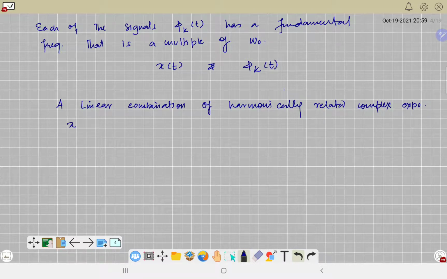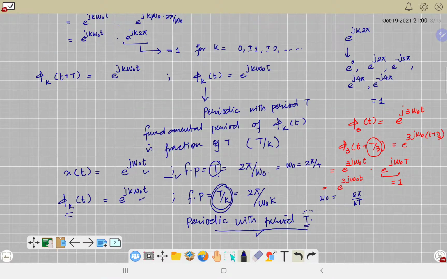Means I will come up with a signal x of t, which is actually a summation, a linear combination of these kind of signals. Fine. Now the individual signals in this will be signals like e raised to the power j omega naught t, then e raised to the power twice j omega naught t. We have just concluded that they are harmonically related.